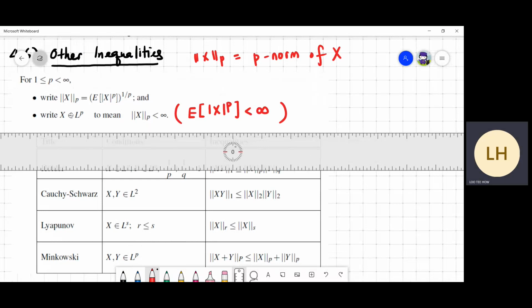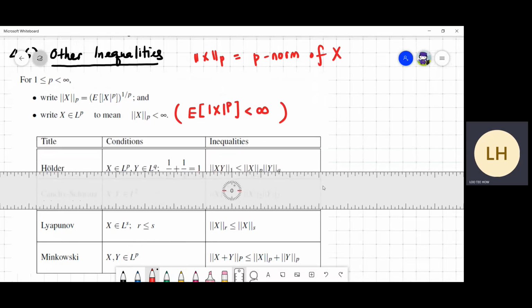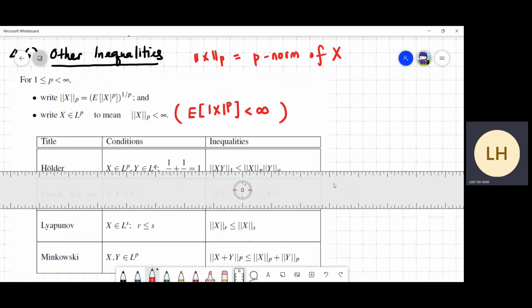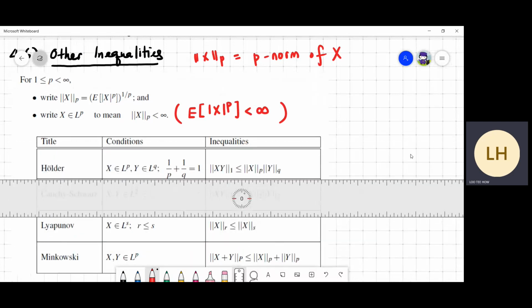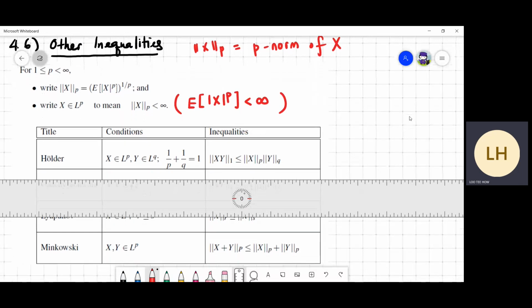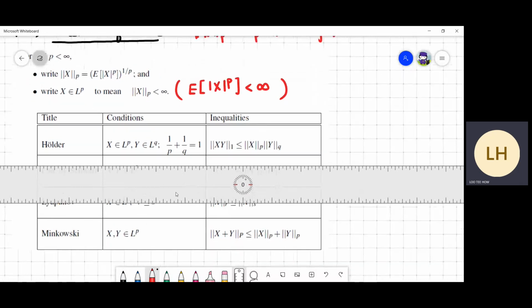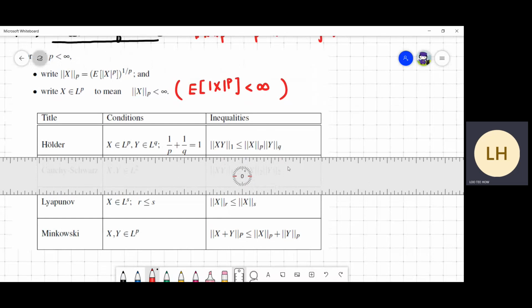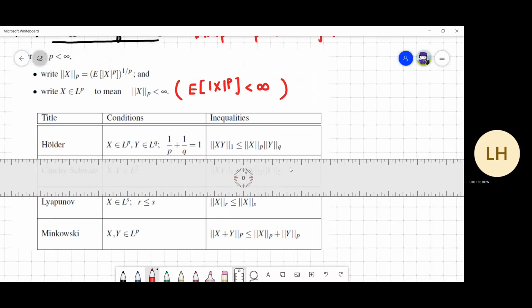By introducing this p norm symbol, we can express the following four inequalities in a relatively nicer form. First, we have the so-called Hölder inequality. In this case, we have two parameters, p and q, which have to fulfill this property: 1 over p plus 1 over q equals 1.